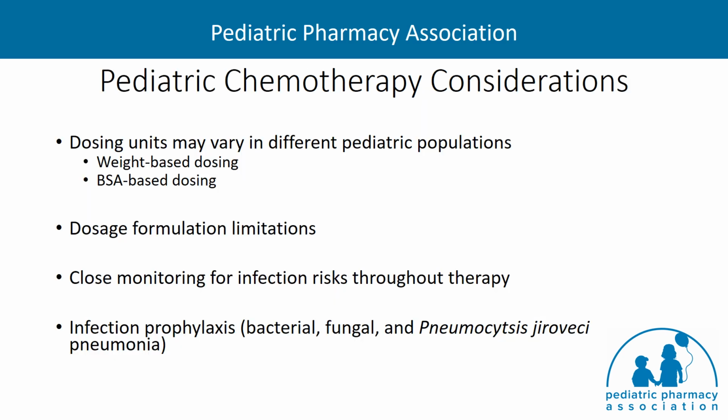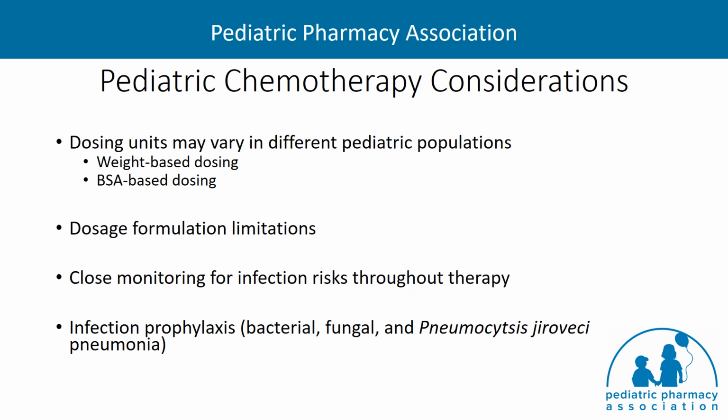Now that we've discussed frontline pediatric AML therapy as well as some novel agents that are slowly being incorporated into frontline therapy or relapse refractory regimens, let's quickly discuss some general pediatric chemotherapy considerations that globally have a huge impact on our pediatric AML patients.